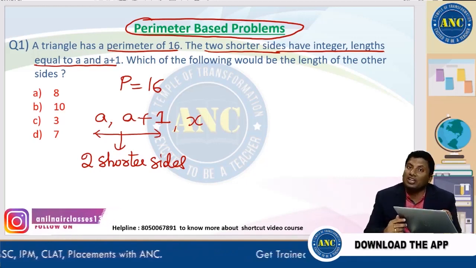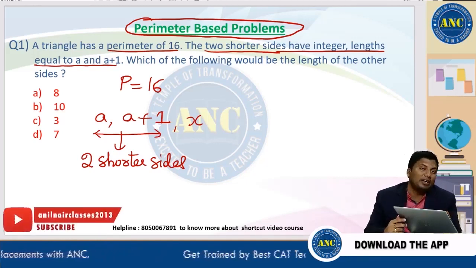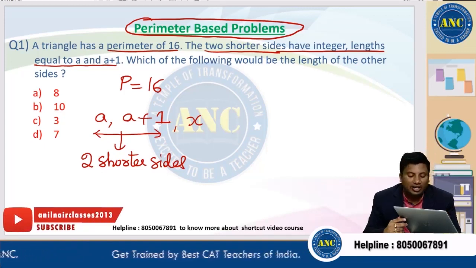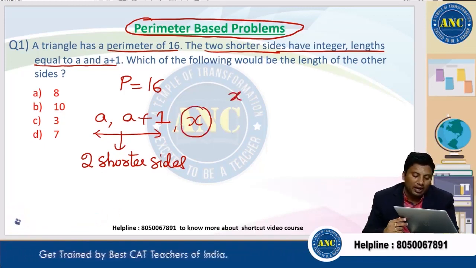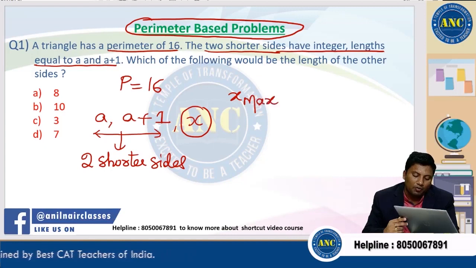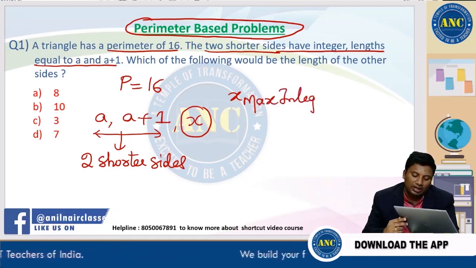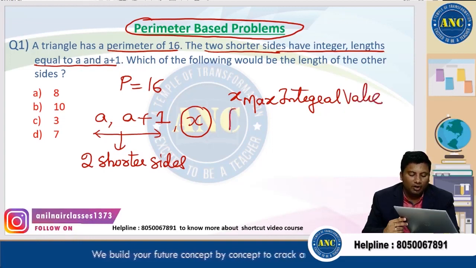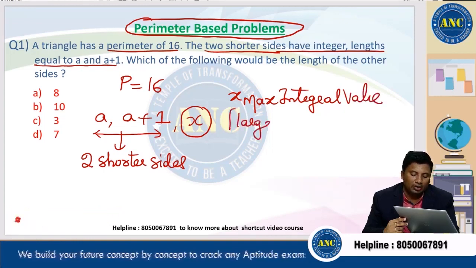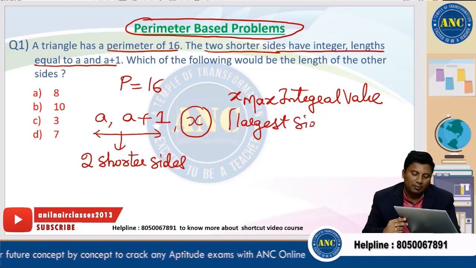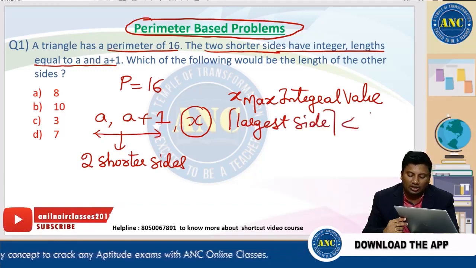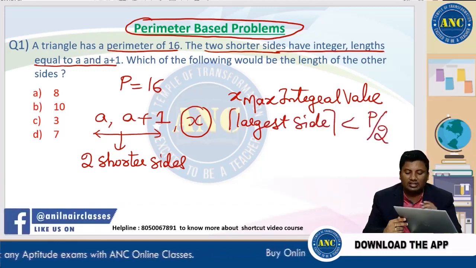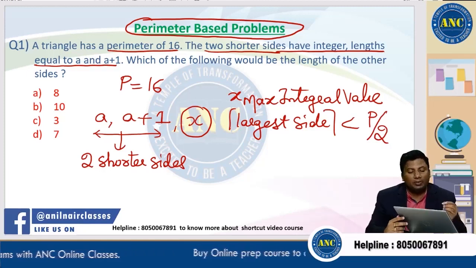But there is a relationship between the maximum integral value of the largest side and the perimeter. The maximum integral value of the largest side is always less than P by 2. What is P here?